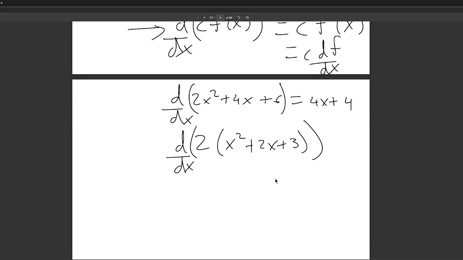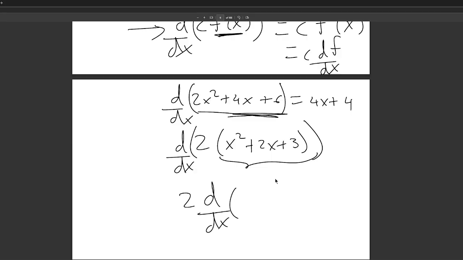Notice how this thing is like the f of x here, and this c is like the 2. I'm claiming that this derivative is the same as 2 times the derivative of x squared plus 2x plus 3. Is that correct? Yeah.